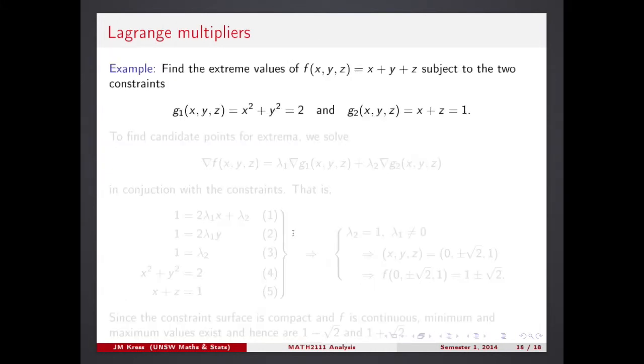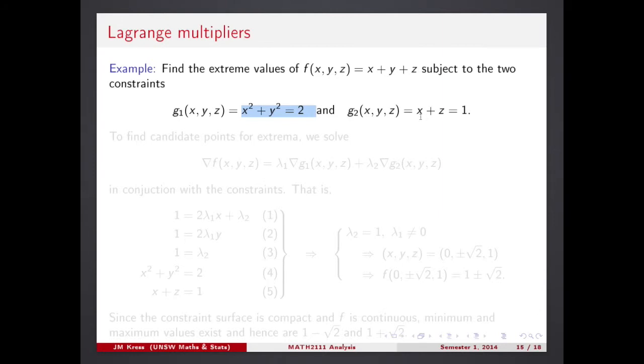Well, here's the example. That's a typical example you will see. It's a relatively easy example. We have to minimize or maximize this function, which is, thank God, continuous, no more lies, right? Over two constraints. This is a cylinder in three-dimensional space, radius 2, stretched along the z-axis. And this is a plane which cuts through the cylinder.